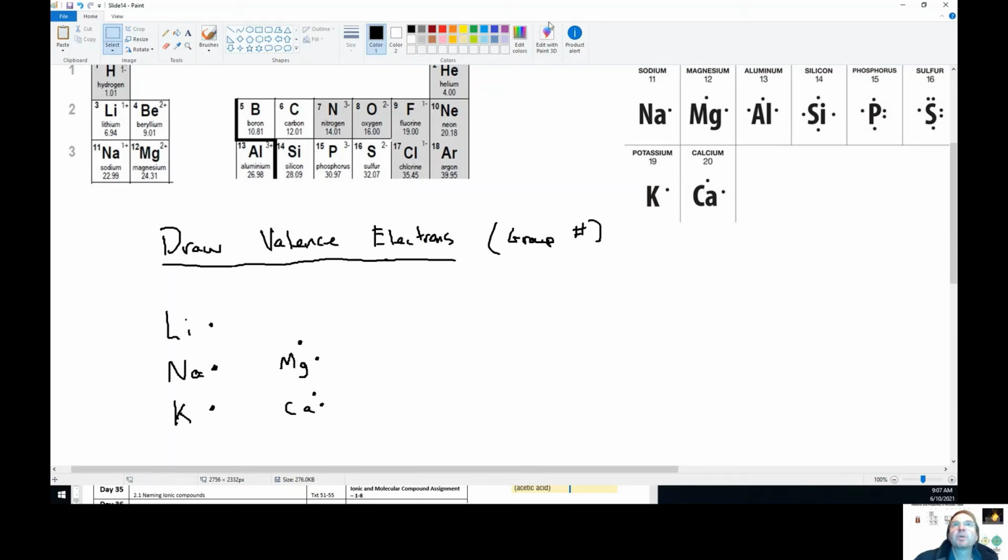Let's jump over, go across the staircase. And let's go right to carbon. Carbon can bond to anything. So carbon is in group 14. Therefore, it's got 4 valence electrons. And at this point, it's not going to give those away because we're getting close to our noble gas.